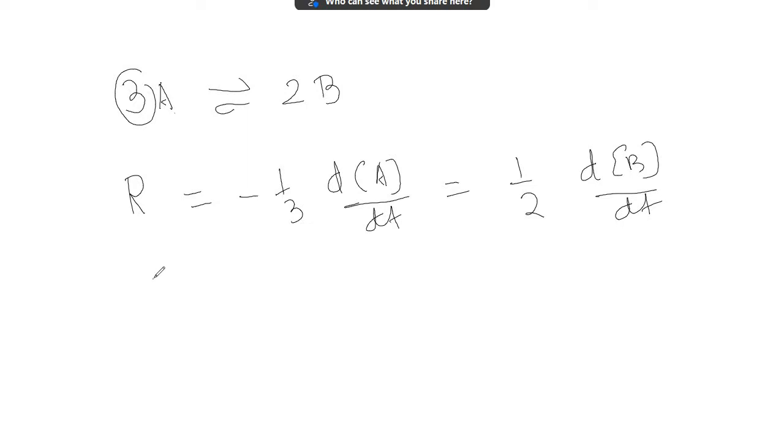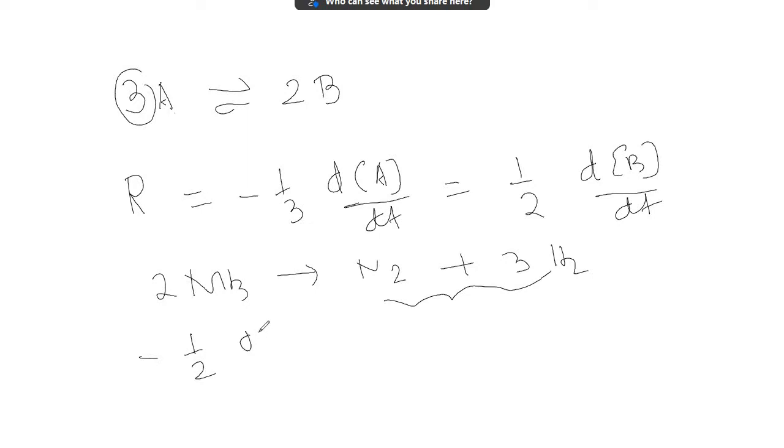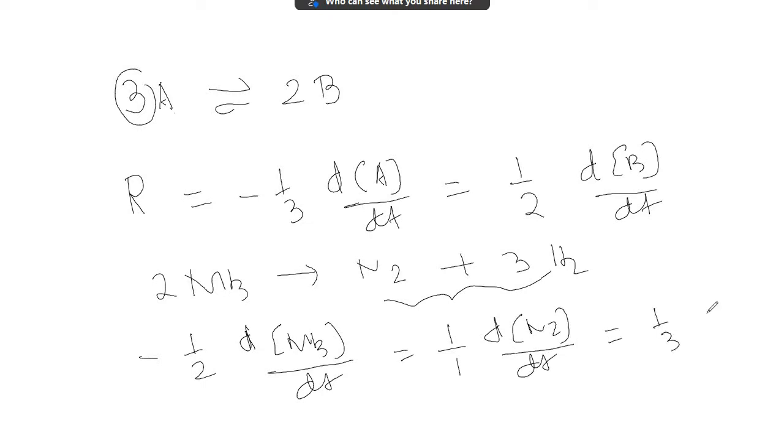Look at the reaction 2NH3 gives you N2 plus 3H2. In this case more than one product is formed, so it will be minus 1 by 2 dNH3 by dt equals 1 by 1 dN2 by dt equals 1 by 3 dH2 by dt.